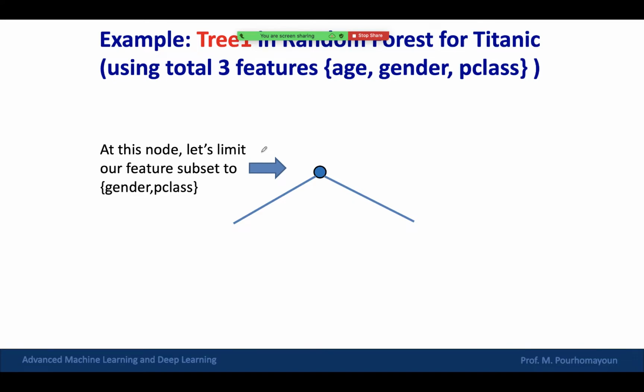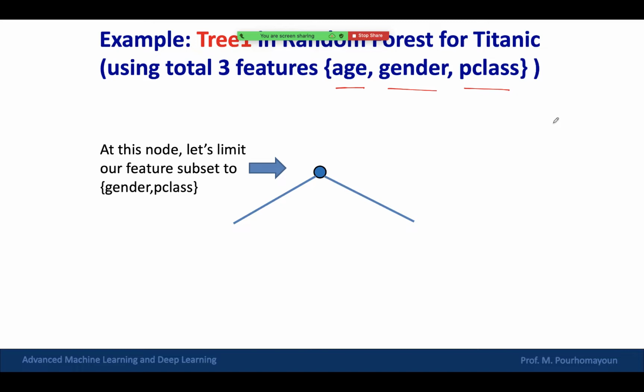So for the Titanic problem that we talked about before, suppose that we have 3 features: age, gender, and passenger class. We want to create our decision tree, and we look for the best feature always.